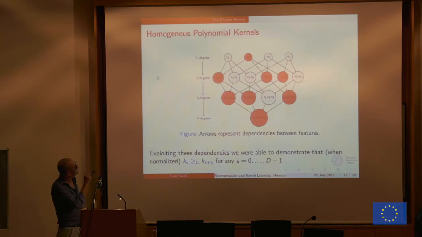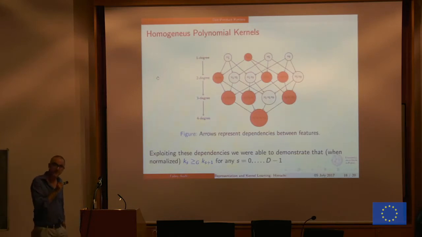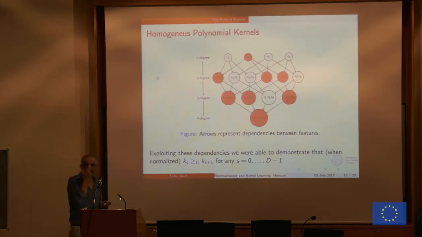When you use degree 2, you have this kind of features, basically multiplications of pairs of variables. For 3, you have a similar thing, and so on. So there is a dependence between the values of these features, and this dependence gives an important result with respect to generality.